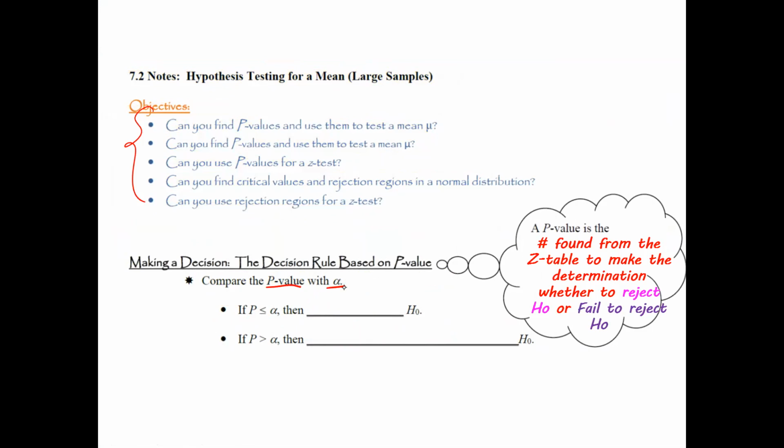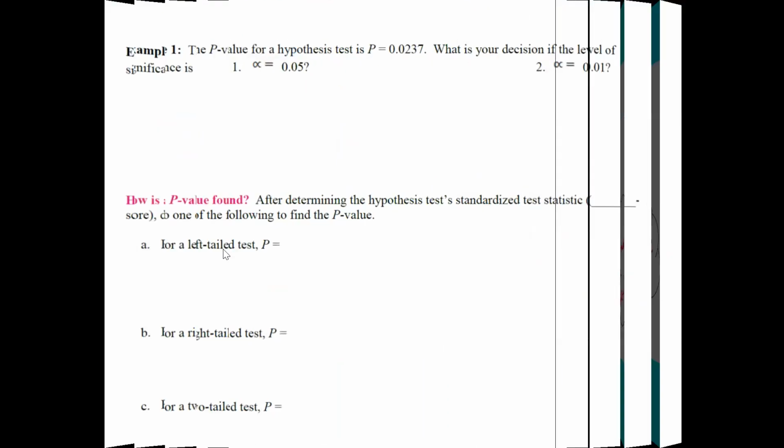If the p-value is less than or equal to the alpha, then you're going to reject the null hypothesis. However, if p-value is greater than alpha, then you're going to fail to reject the null hypothesis.